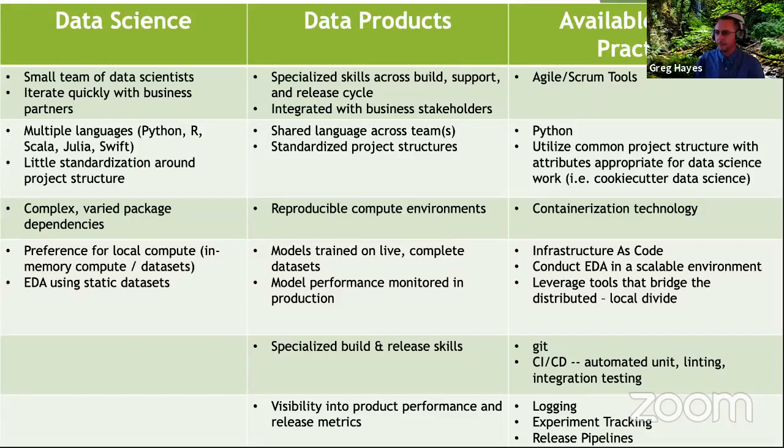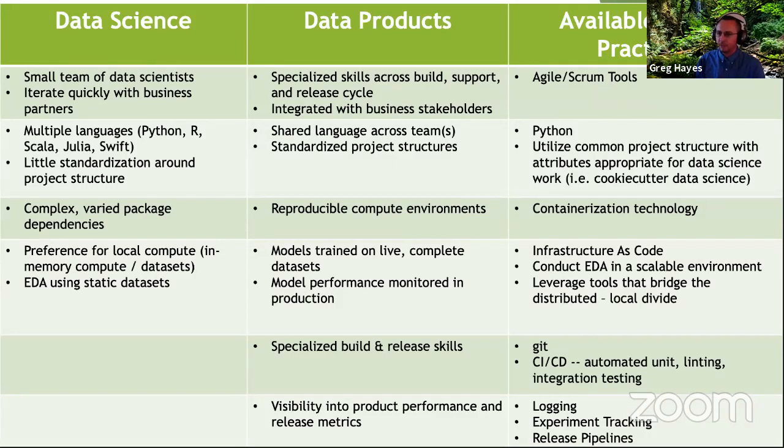The complex, varied package dependencies: containerization technology really opens a lot of opportunities there. So Docker, as an example, there are others, but Docker seems to be the industry standard at this point. Preference for local compute.